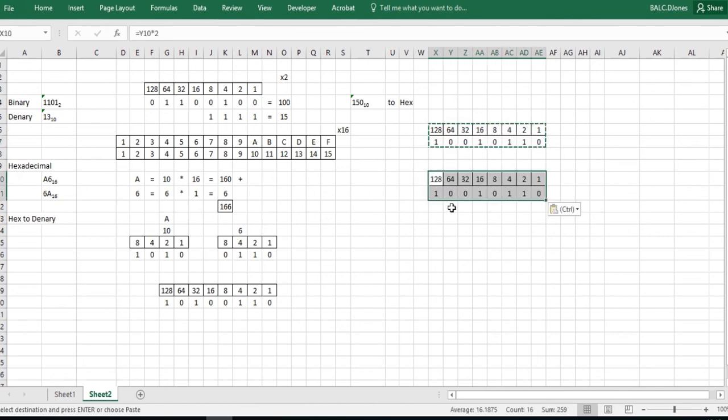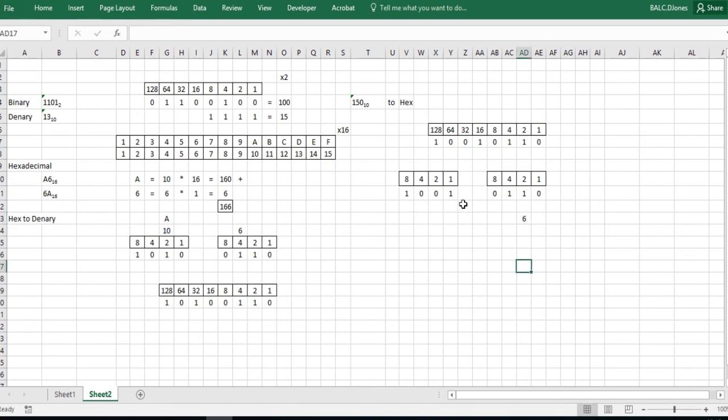Now I'm going to take it to my next level down here. I'm going to split this up into 2 separate nibbles. It's 1, 2, 4, 8, and I put a 1 here. 1, 2, 4, 8, 1, 2, 4, 8. This gives me the binary here of 6.